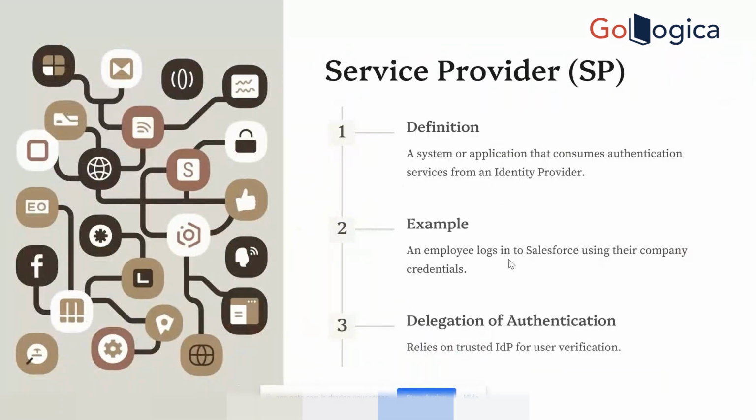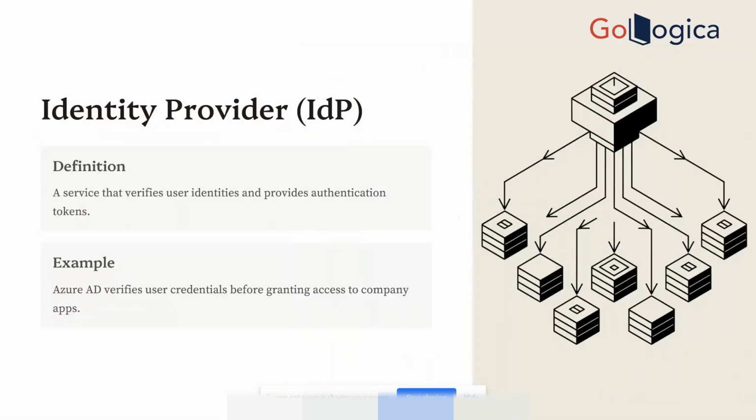So, do you understand these things? These are the major things which we talk about a lot of the time, the terminologies, those words you will see in your future, like service provider and identity provider. Just focus on that part. There are two things.